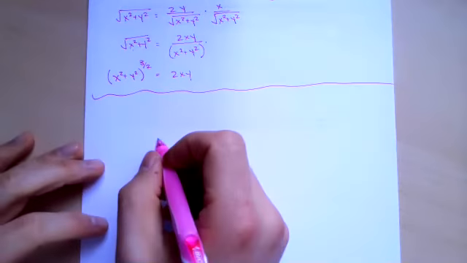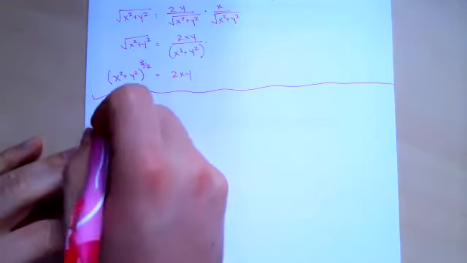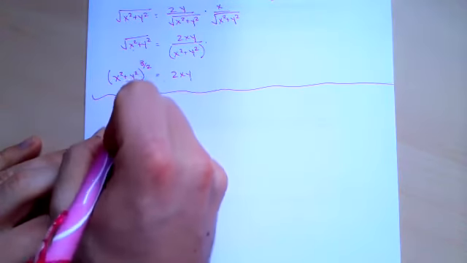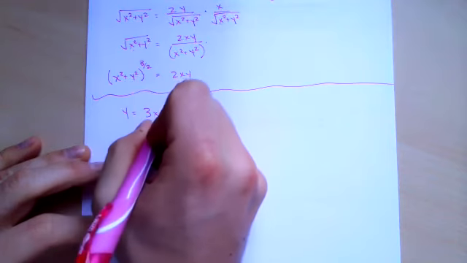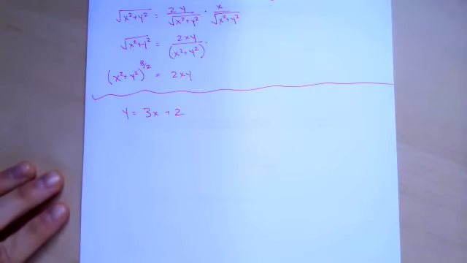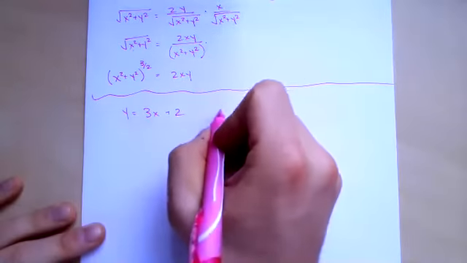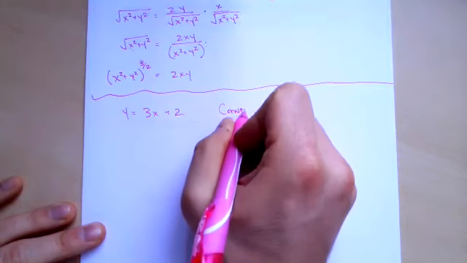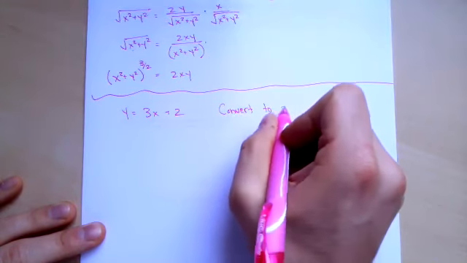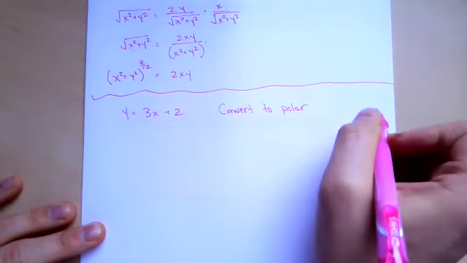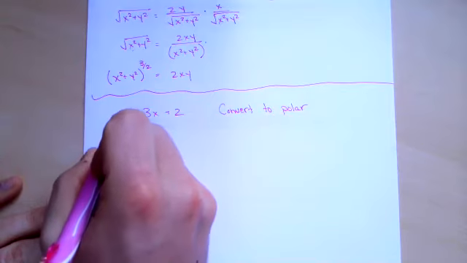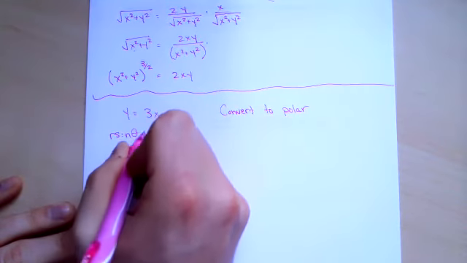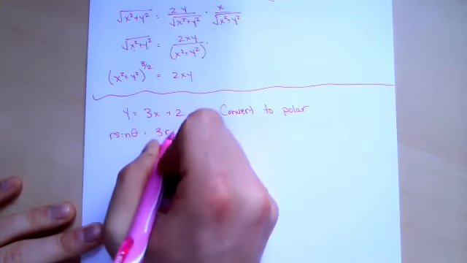So even like, let's see, let's do a straight line. y equals 3x plus 2. If we want to convert that to polar, well, y is r sine theta, x is r cosine theta.